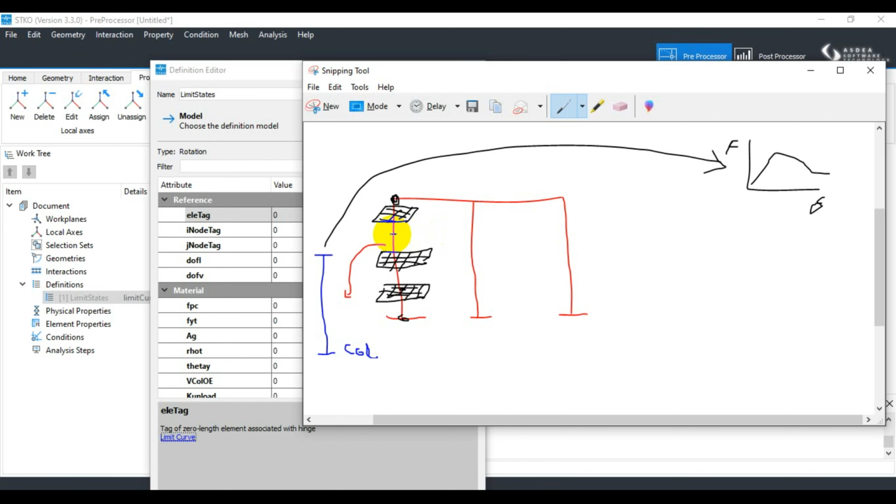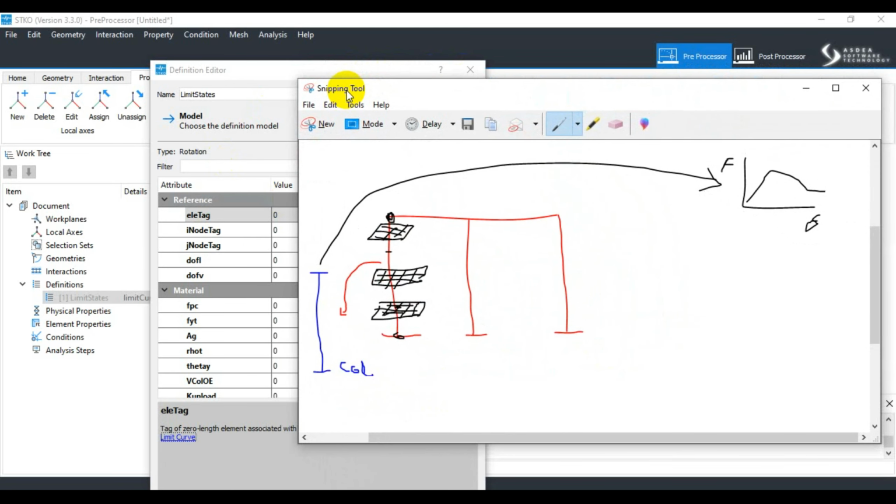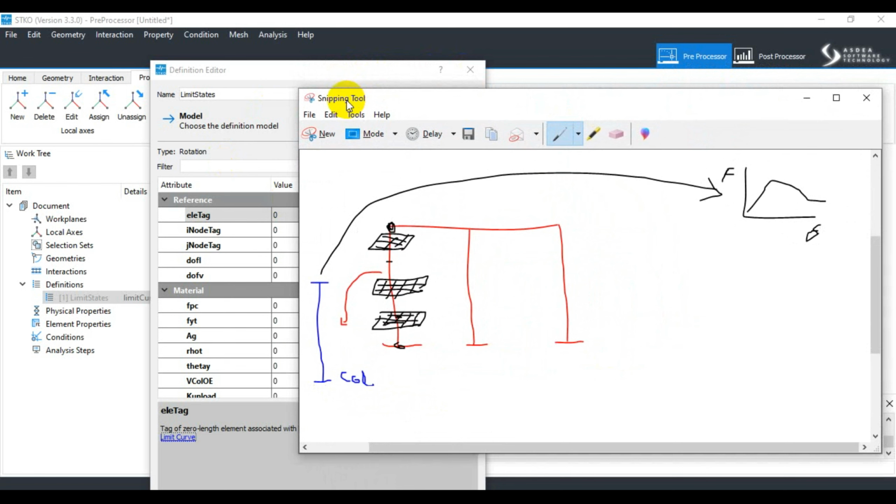Based on this, these limit state models are included in OpenSees, and this lecture will introduce you to the uniaxial material model that incorporates the failure surface and the subsequent strength degradation.